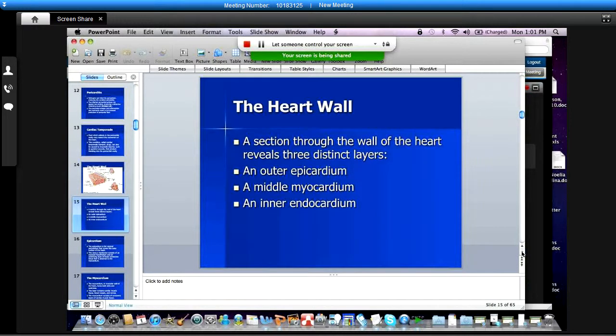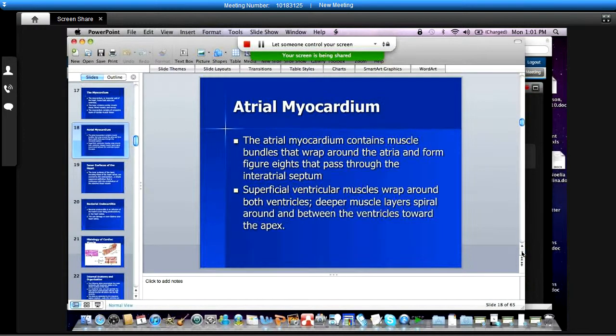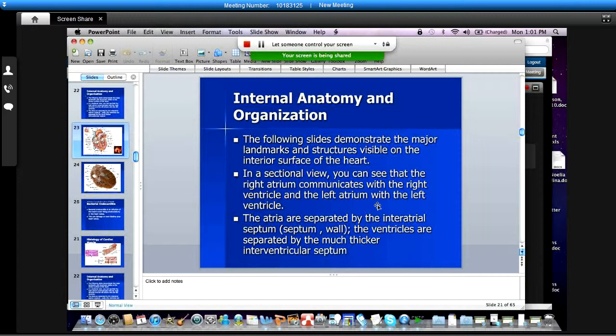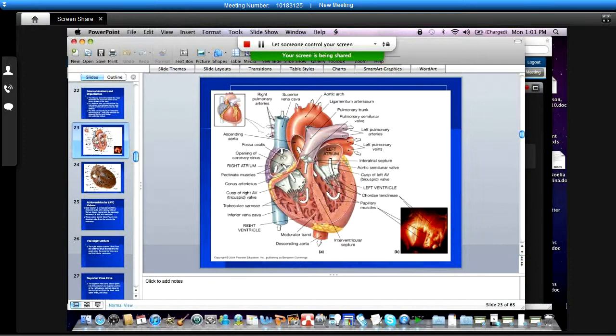And you should be able to recognize that pattern. It's shown histologically on the exam. This is the photograph that you commonly would see. Remember, it has intercalated discs as well that help to differentiate it from skeletal muscle.